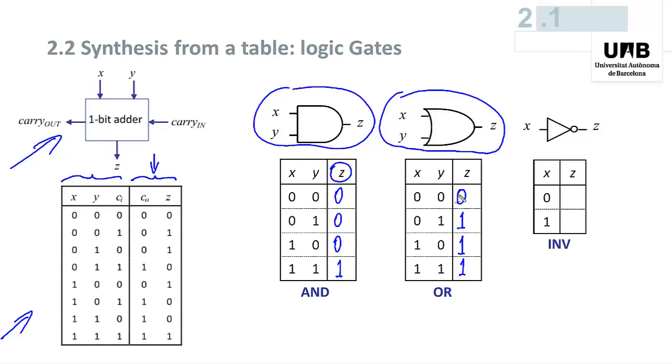A 3-input OR gate generates 1 if at least one of its 3 inputs is equal to 1. Finally, we already know that an inverter inverts its input. That is, if X is equal to 0, Z will be equal to 1, and conversely, if X is equal to 1, Z will be equal to 0.